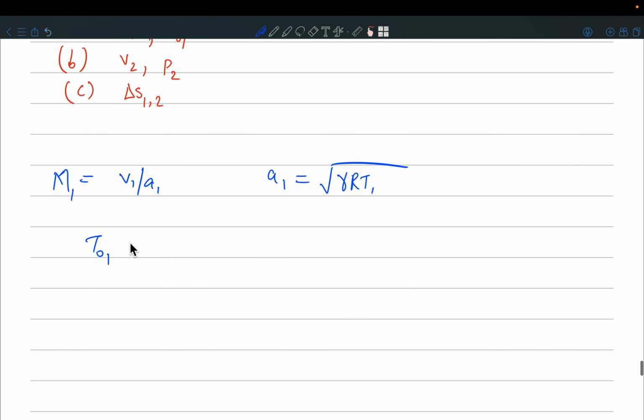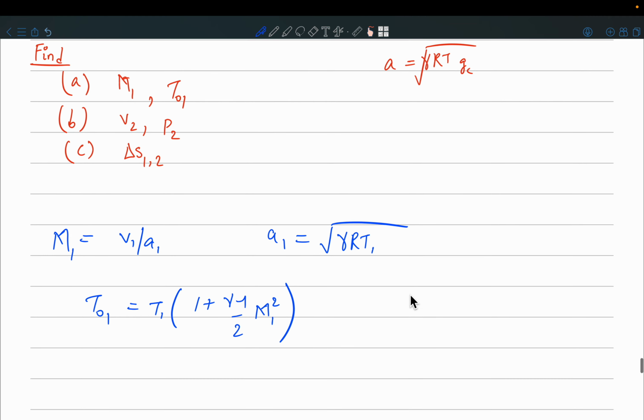T01 is equal to T1 into 1 plus gamma minus 1 by 2 M1 square. Now M1 is known, T1 is known, so you can find T01. Is that fine? Okay, so now you can tell me the values. What is A1?